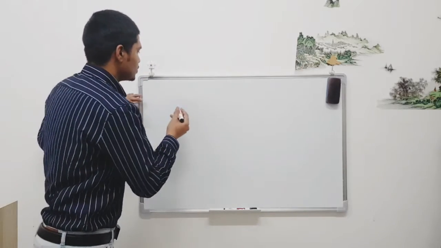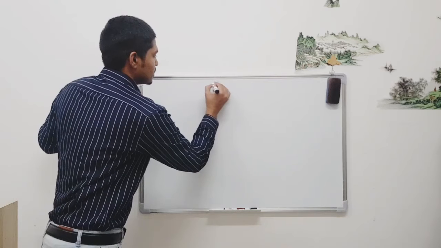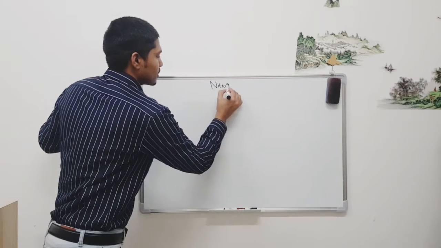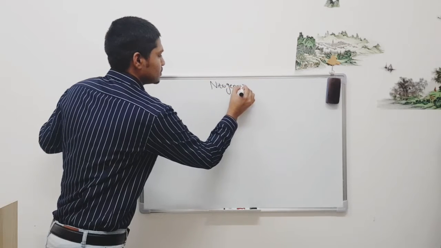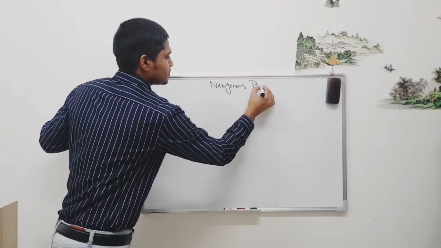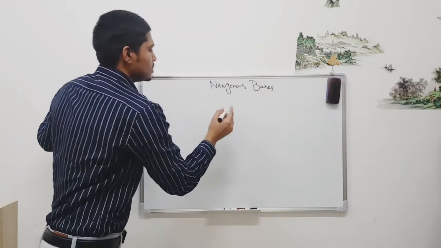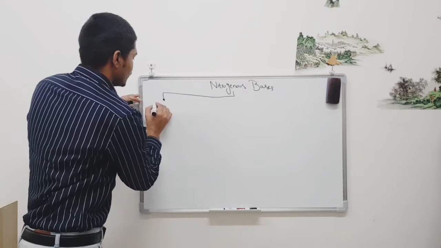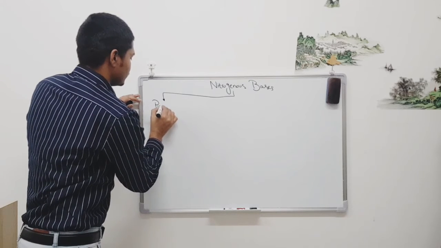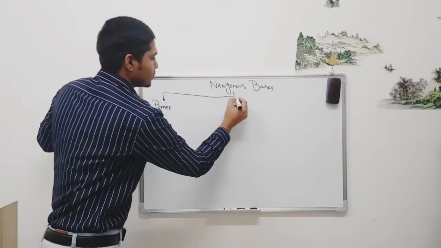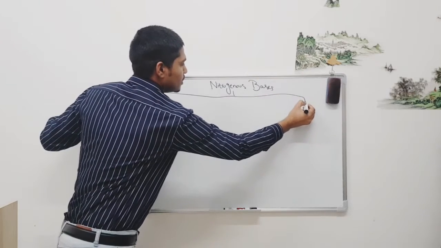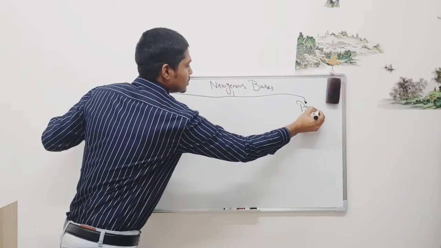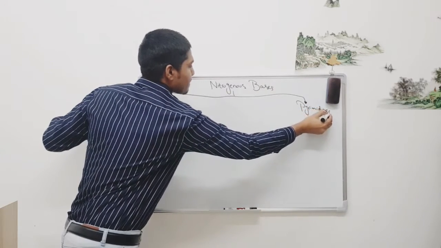Okay, so just now we learned that this is a nitrogenous base. The nitrogenous bases could either be purines or pyrimidines.